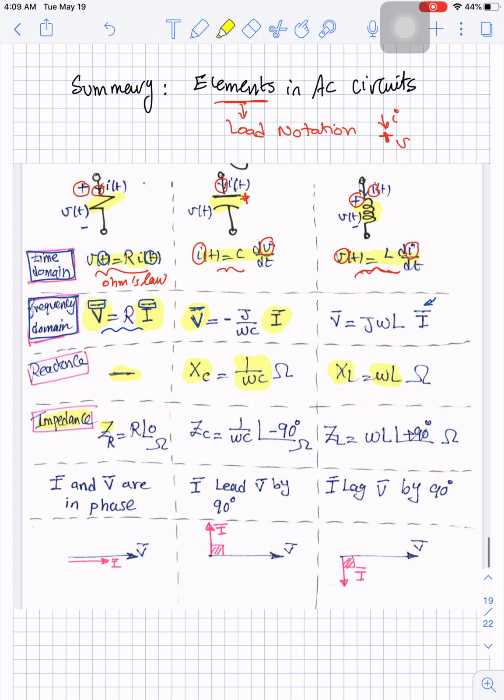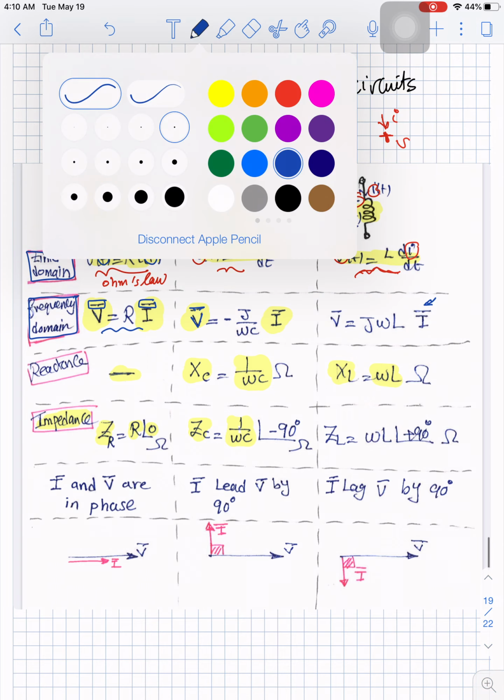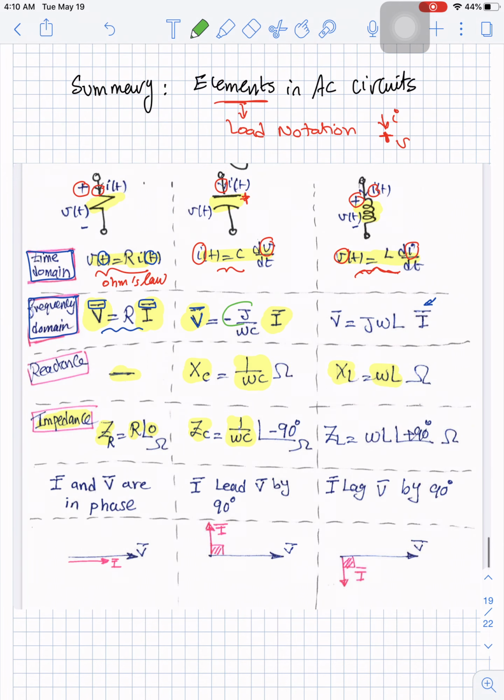So the impedance for a resistor is R angle 0 because there is no angle shift. The impedance for a capacitor is 1 over omega C, and don't forget that the capacitor here has a negative j between V and I, so the angle here is negative 90.